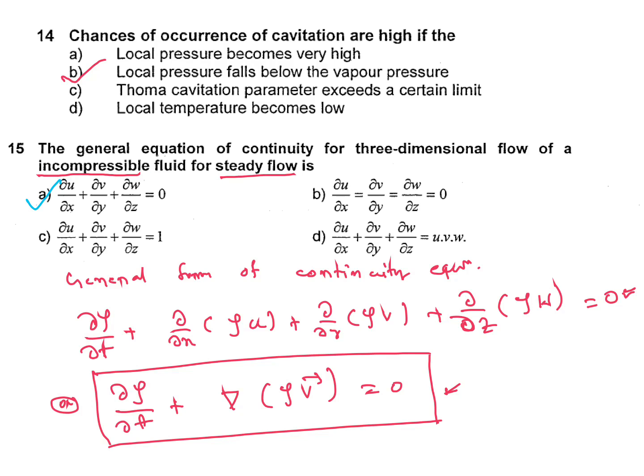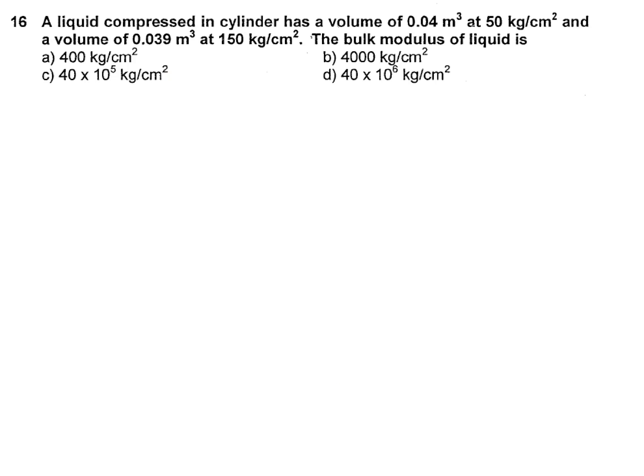A liquid compressed in a cylinder has a volume of 0.04 meter cube at 50 kg per centimeter square and a volume of 0.039 meter cube at 150 kg per centimeter square. The bulk modulus of the liquid is how much?